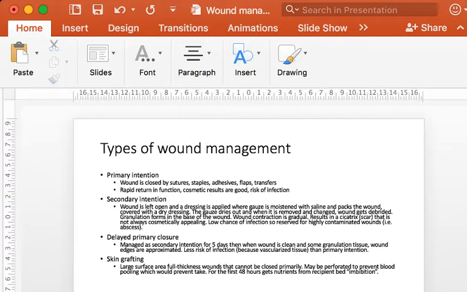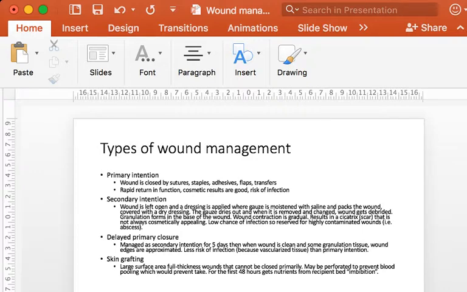Where wounds are clearly infected, where there's bacteria count greater than 10 to the 5 or obvious pus, the wound is left open and a dressing is applied where gauze is moistened with saline and packed into the wound, covered with a dry dressing. The gauze will dry out, and when it is removed and changed, the wound will get some debridement. Granulation forms in the base of the wound.